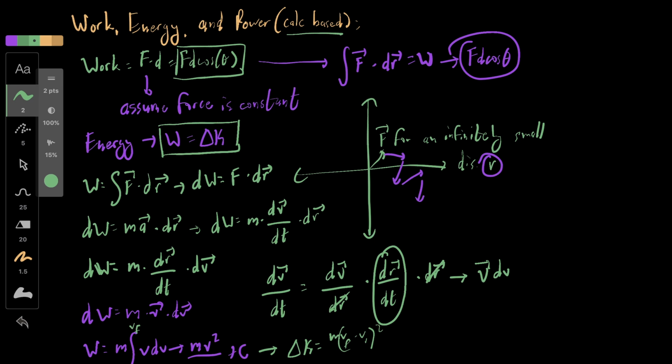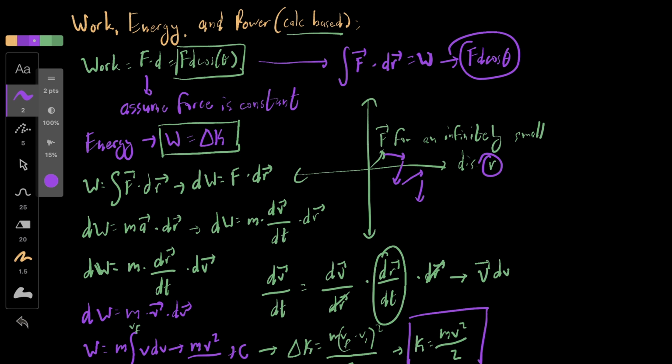All over 2. So removing the change element, you get the kinetic energy is mv squared by 2, and that's the actual formula for kinetic energy. And there you go. That's the proof that kinetic energy is equal to mv squared by 2, done relatively simply through calculus.